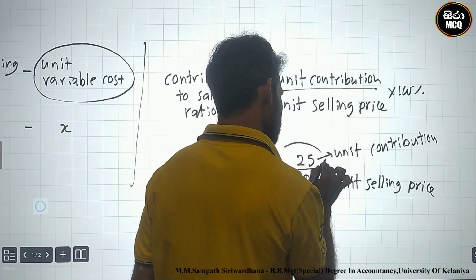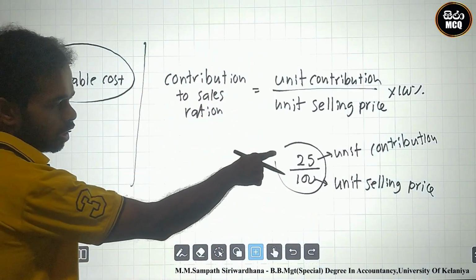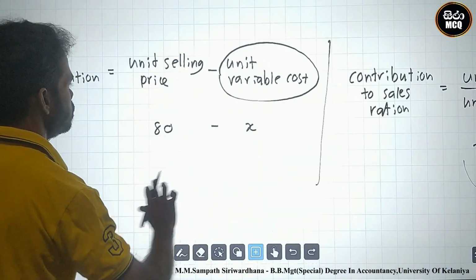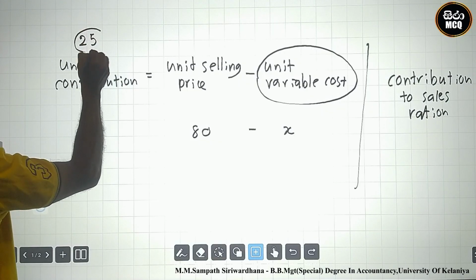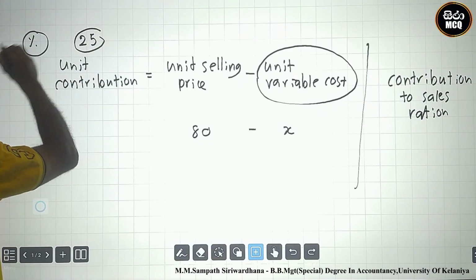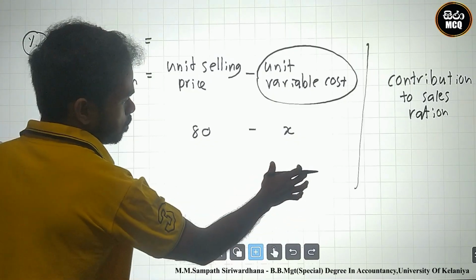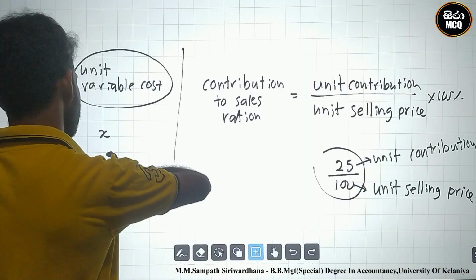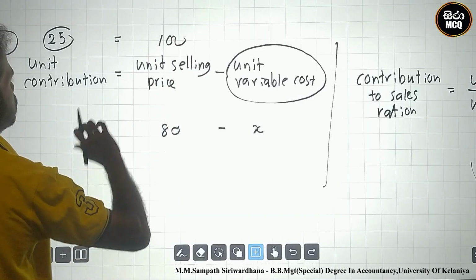I connect this information to this formula. 25%, the 25 is the unit contribution. This is the percentage, no? Okay, unit contribution is 25. Next, 100 is the unit selling price.